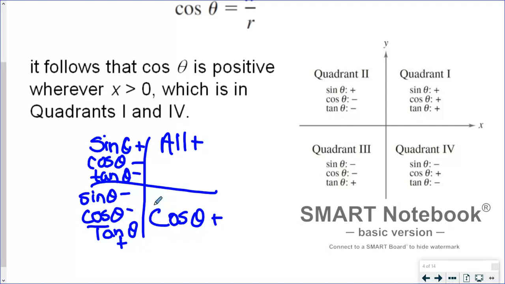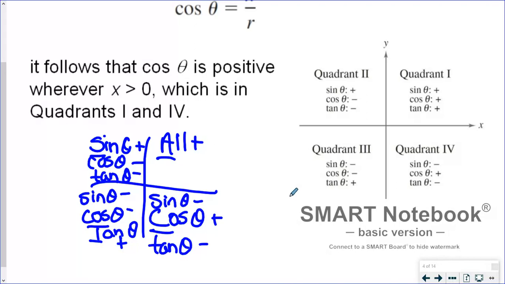And where cosine is positive, we know sine and tangent would be negative. So if you just remember all students take calculus, that's fairly easy to get to.